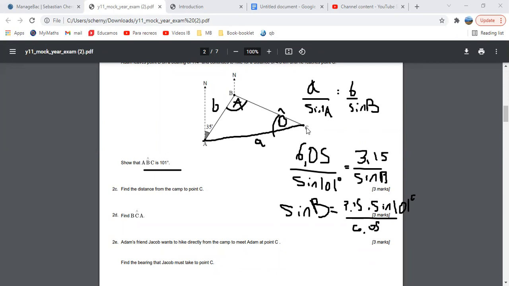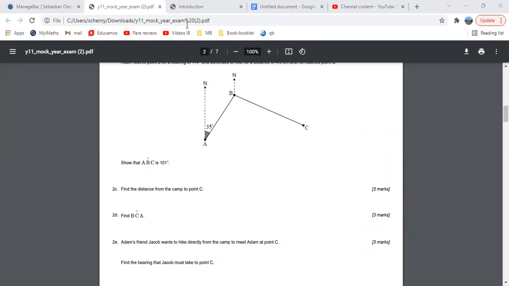The angle ACB, if we look at the letters, is 30.7. That's the answer. So ACB is the same as BCA, so 30.7 degrees. This is the answer to 3 significant figures.